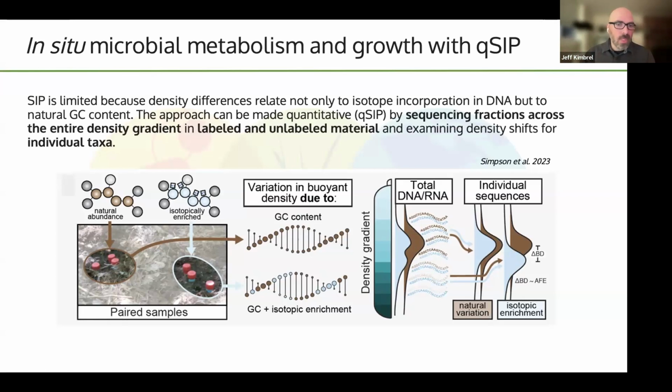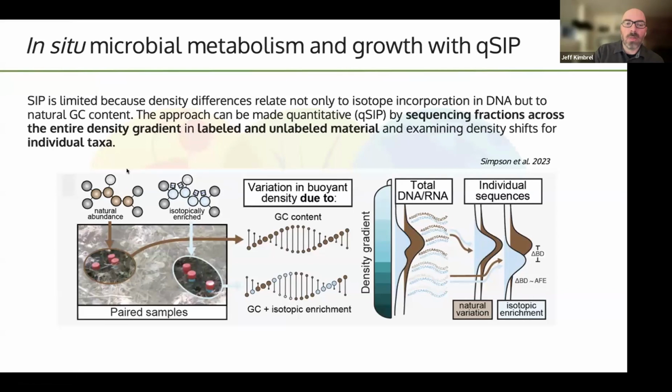So we use quantitative stable isotope probing, where we have a paired sample system with an isotopolog of natural abundance, paired with some sort of isotopically enriched one. So in this situation, we actually have two sets of triplicates.